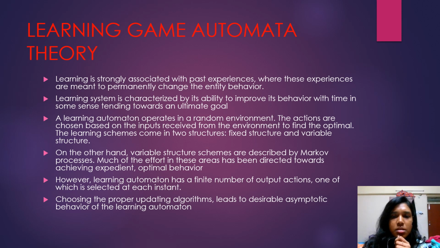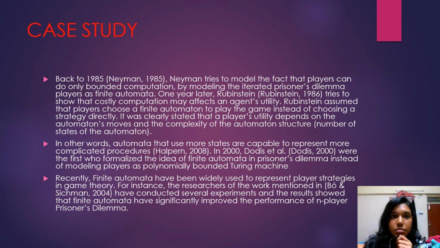Much of the effort in these areas has been directed towards achieving an expedient optimal behavior. The learning schemes come in two structures, which are fixed and variable structure. Learning automata has a finite number of output actions, one of which is chosen at each instant. Choosing the proper updating algorithm leads to describing the asymptotic behavior of the learning automata.